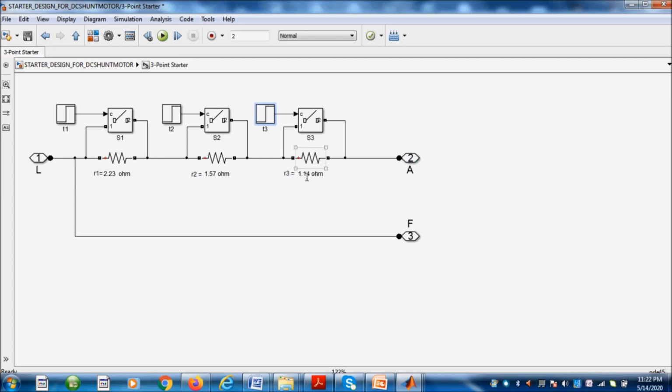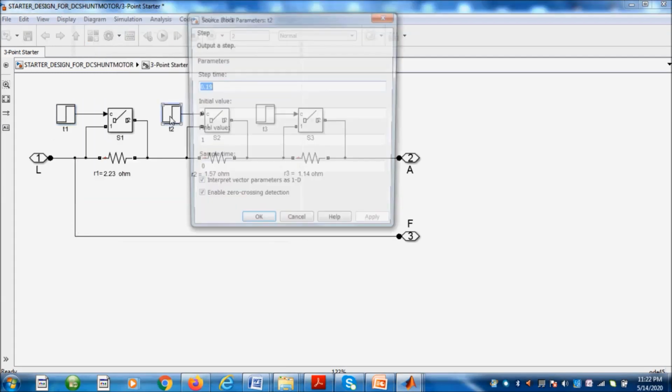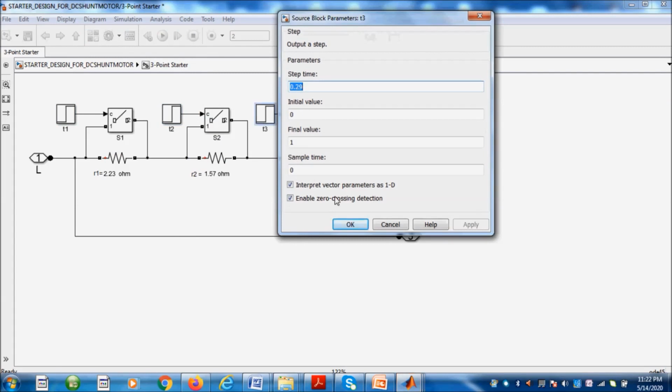Here R1, R2, R3 are the section resistors. S1, S2, S3 are the switches used to bypass section resistors. These switches are closed one after another. Here S1 switch will get closed at 0.09 second, S2 switch will get closed at 0.19 second and S3 switch will get closed at 0.29 seconds.